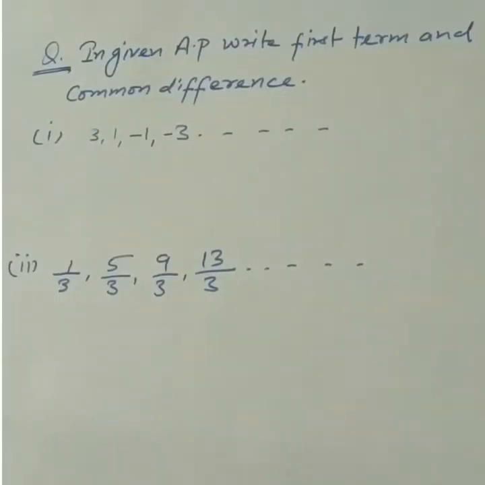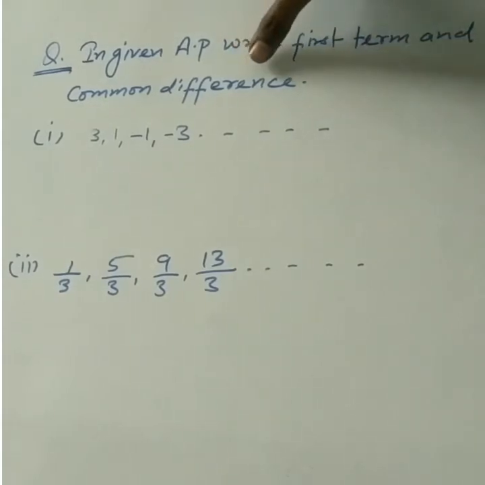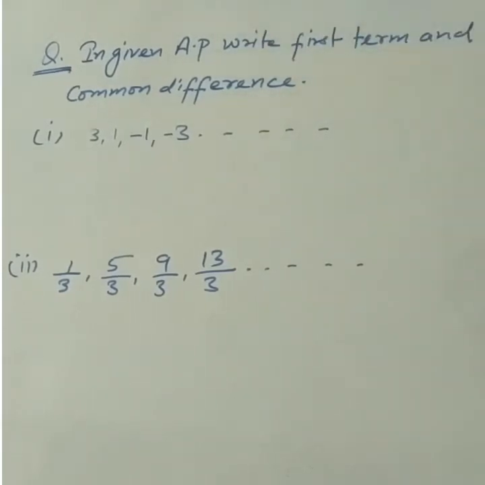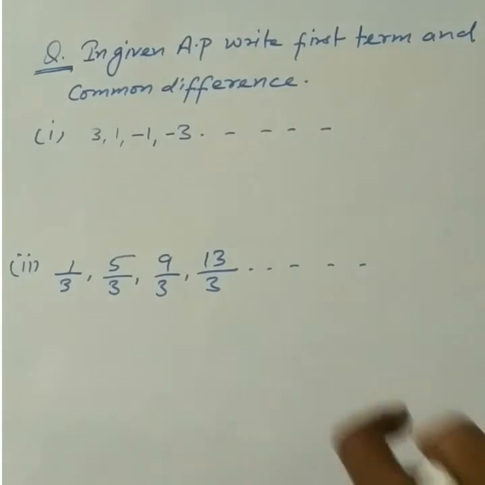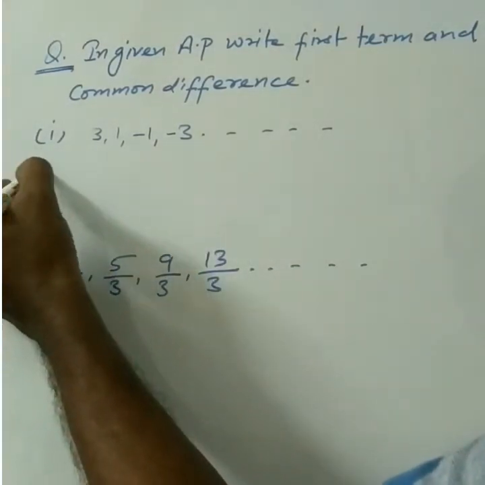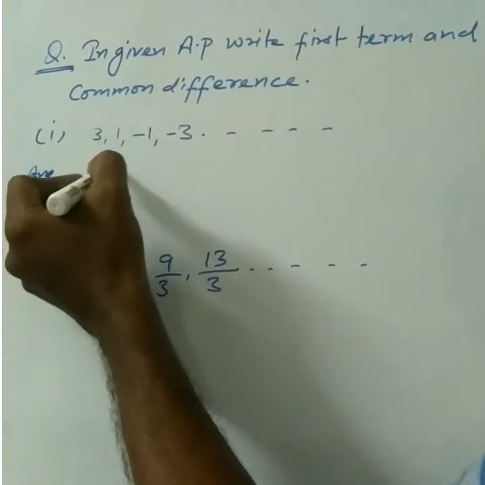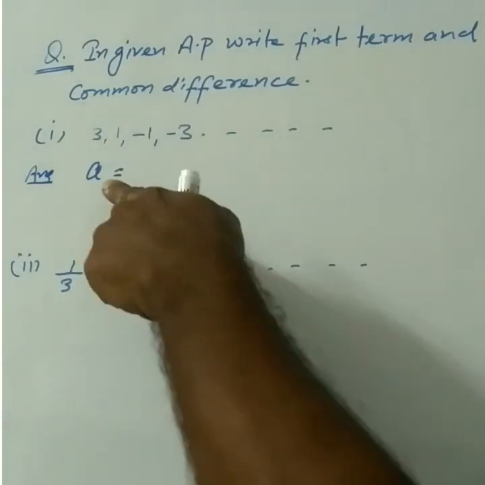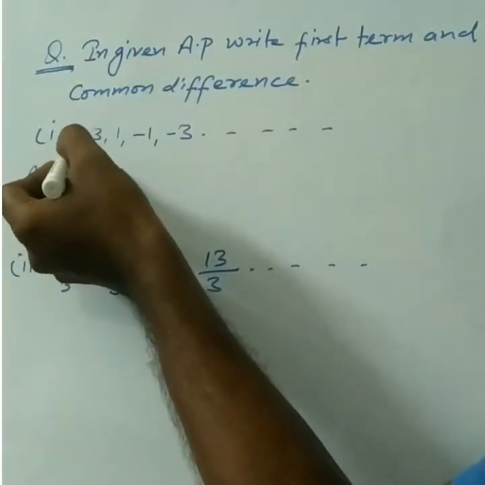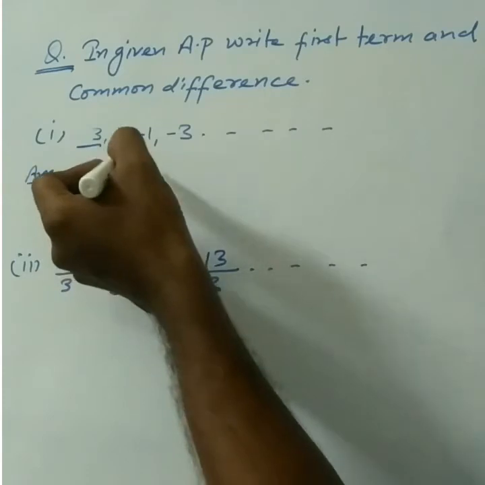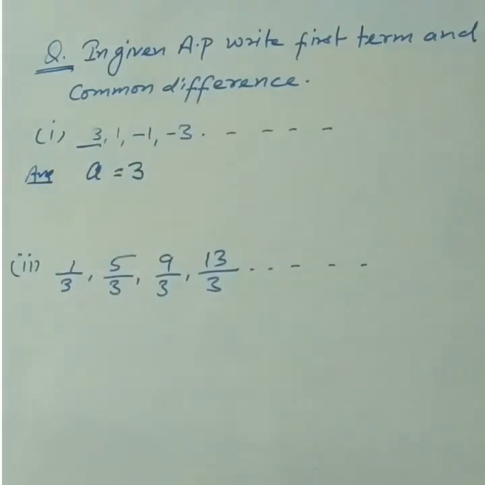Here in this question, we have to write the first term and common difference of the given AP. First term is denoted by a, and this is our first term in this AP. So a equals 3.